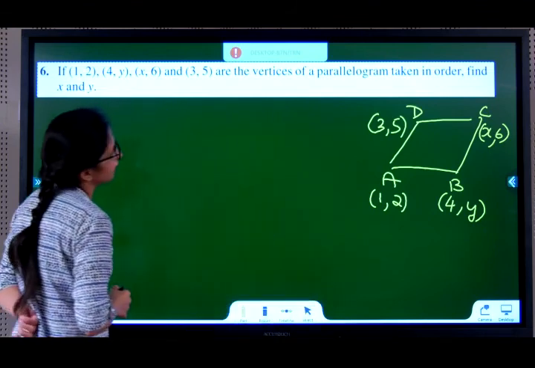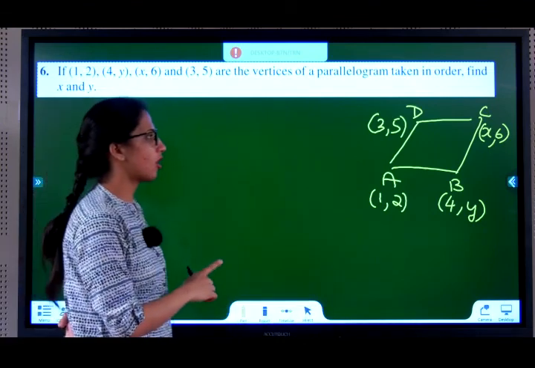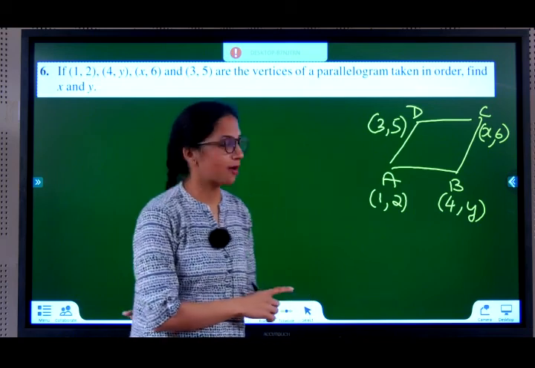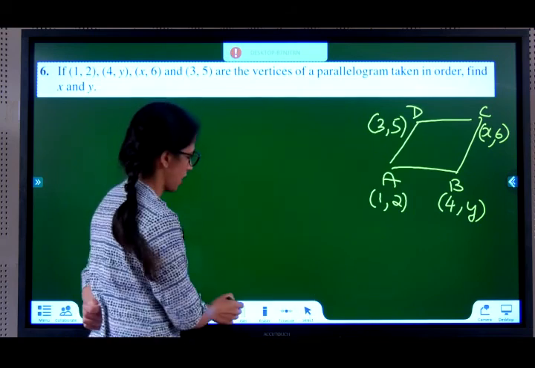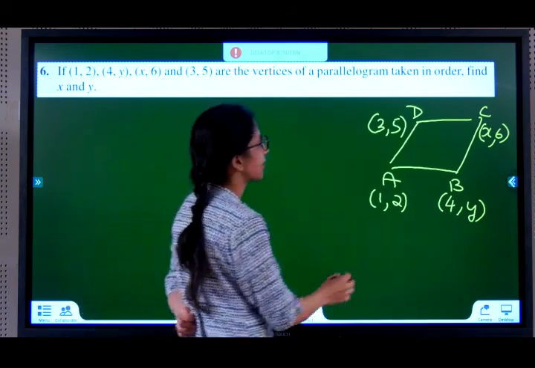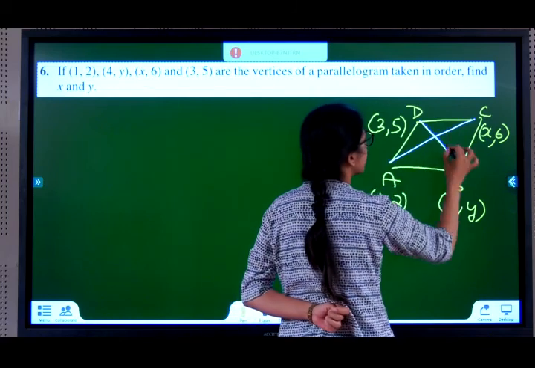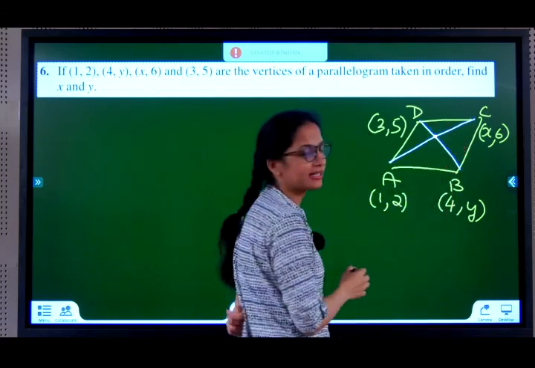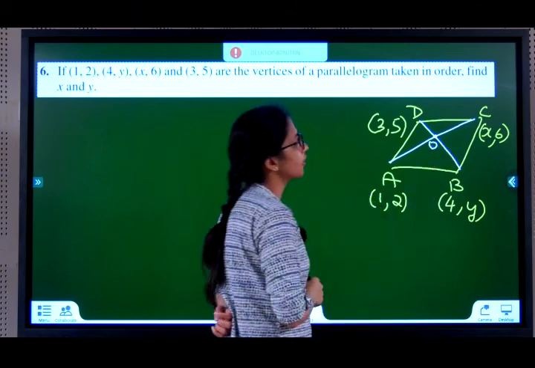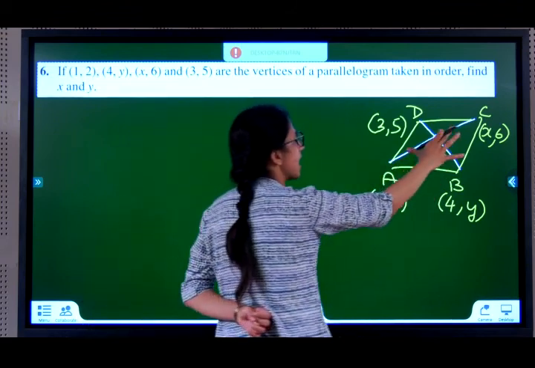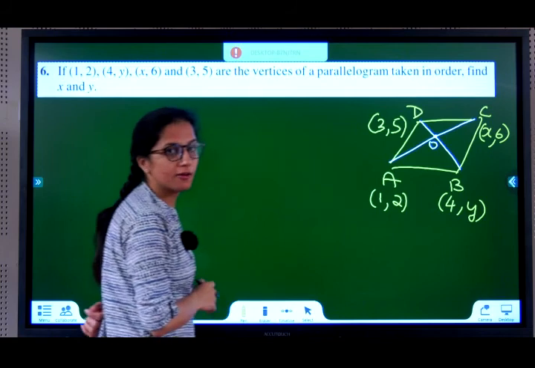You have to find the value of x and y. We have already solved a question like this in our example problems, and if you remember, how did we do it? We said that AC and BD, diagonals of a parallelogram, intersect each other. So O is the midpoint of AC as well as O is the midpoint of BD.